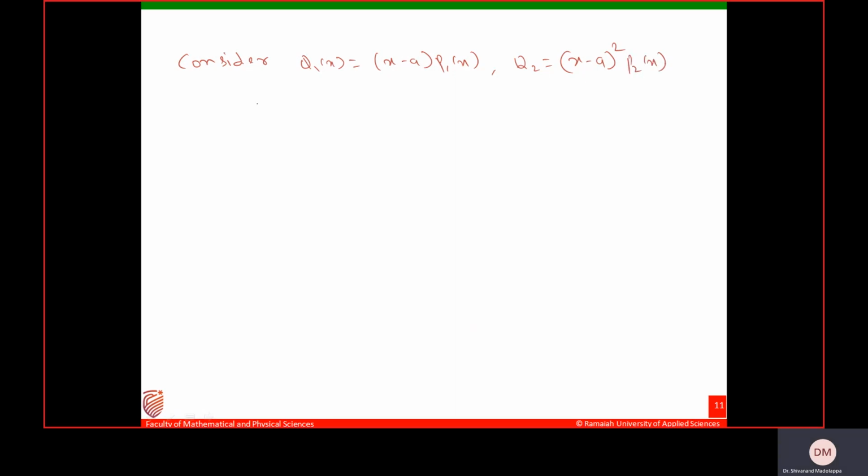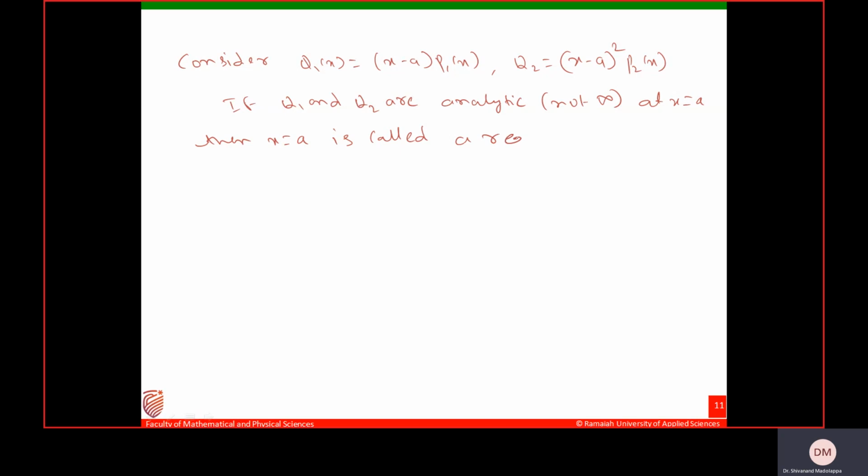If q1 and q2 are analytic, not infinity, at x is equal to a, then x is equal to a is called a regular singular point.